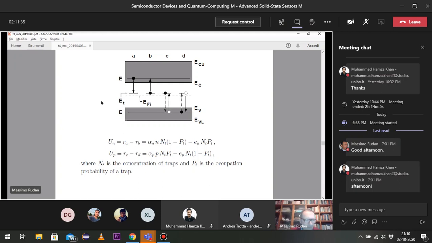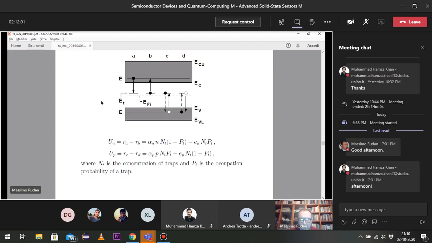They can be found by a longer calculation, but we find them heuristically, starting, for instance, from RA. Okay. RA, I remind you, is the number of transitions of type A per unit volume and time.